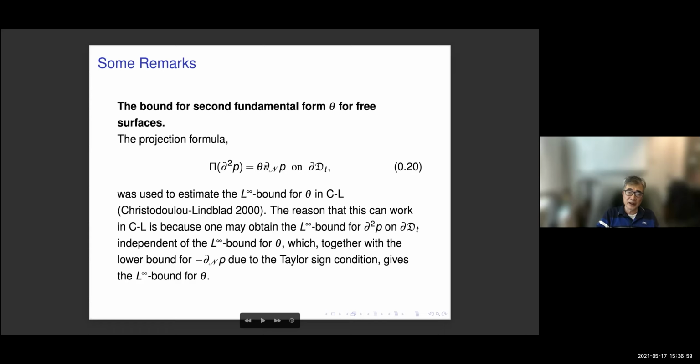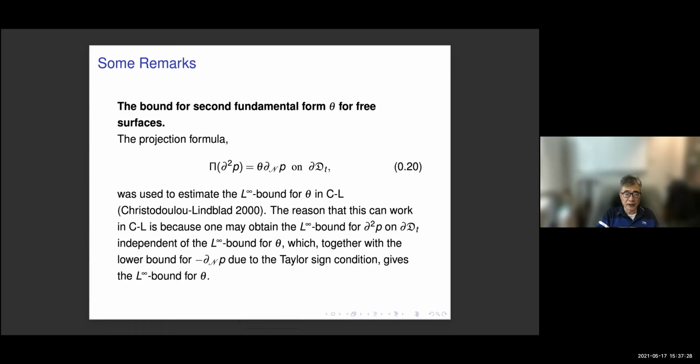Because of the Taylor sign condition, this d_n p is away from zero. Therefore, we can divide by d_n p on both sides. Therefore, if we can get the L infinity bound of the second derivative of pressure, then we can get the L infinity bound of the second fundamental form.